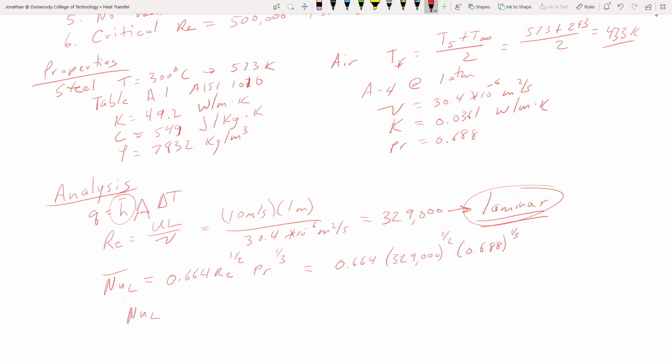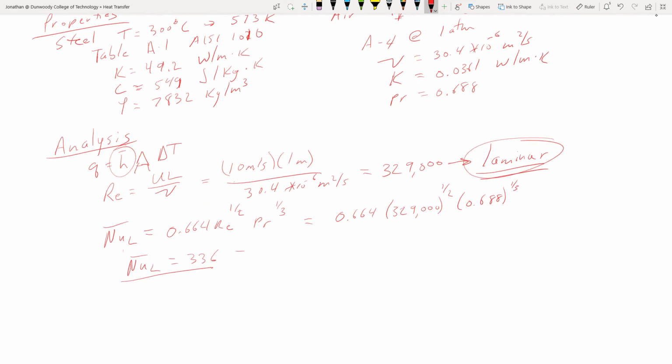Find my average Nusselt number is 336, and that again is going to equal h bar L over k. So h bar equals 336 times k over 1 meter.